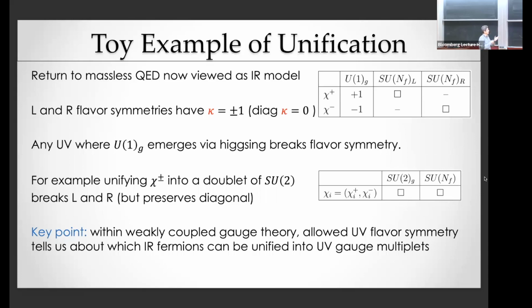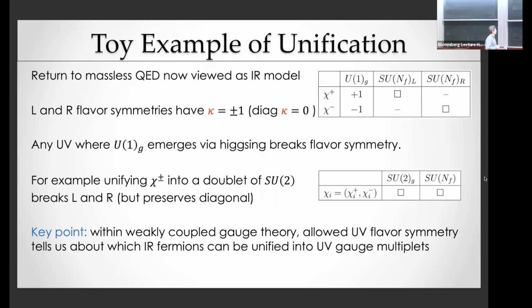And these have kappa equals plus or minus 1, and the diagonal has kappa equals 0. And so what we learned from the previous slide is that any UV where the U(1) gauge group, where the magnetic symmetry emerges, say via Higgsing, must necessarily break some of this flavor symmetry. That's what we learned.